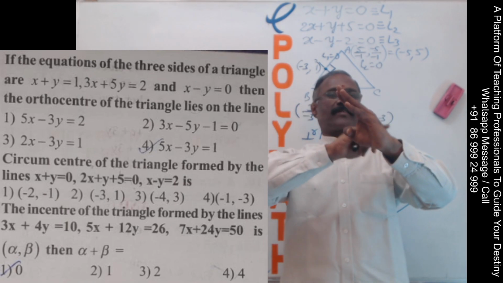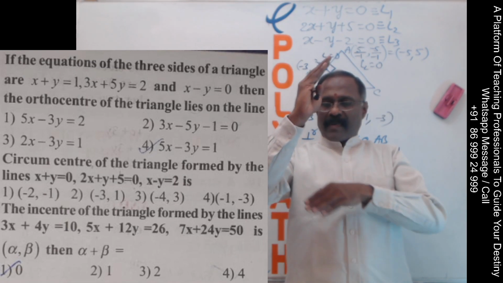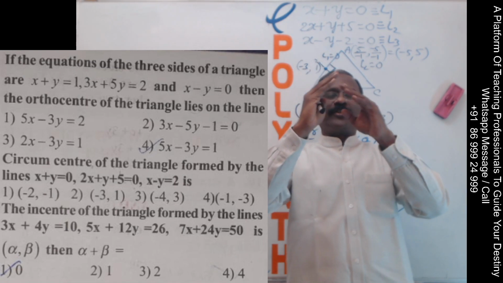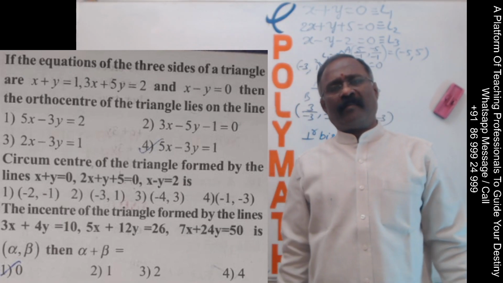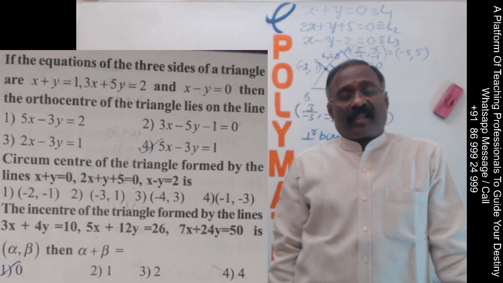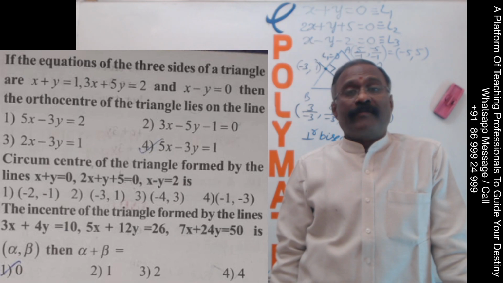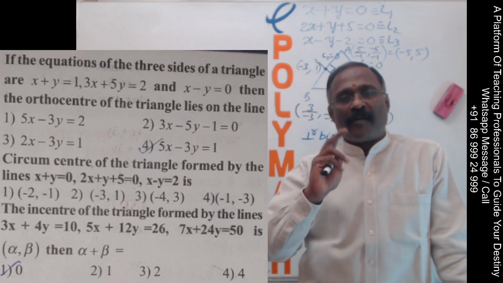That is, if it is C, if it is B, then this internal angular bisector divides the opposite side in the ratio of C is to B. This you have very much in your lower classes as a theorem. The internal angular bisector of a triangle divides its opposite side in the ratio of its sides.